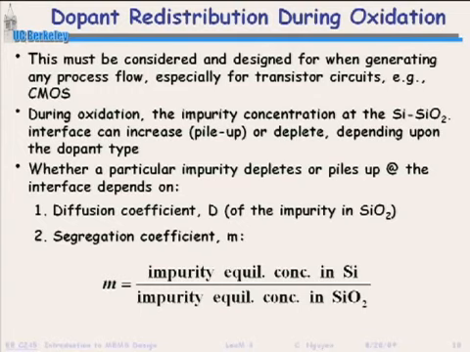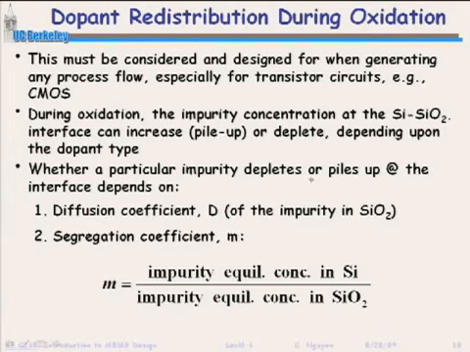So during oxidation, the impurity concentration, where impurity equals dopant here, at the silicon-silicon dioxide interface can increase, so it can pile up at that interface as the oxide grows, or it can deplete depending on the dopant type. And whether the dopant depletes or piles up depends on a couple of things. One of them is the diffusion coefficient of that impurity in silicon dioxide.